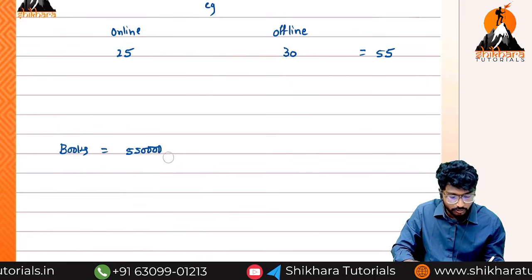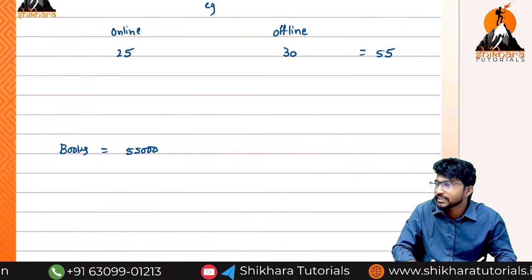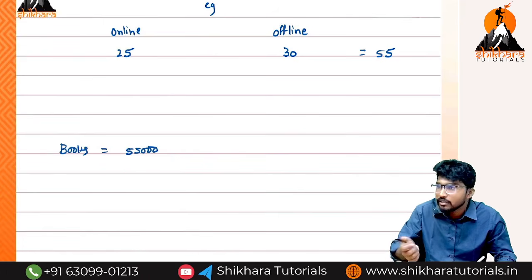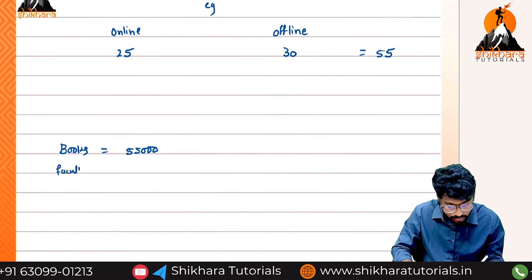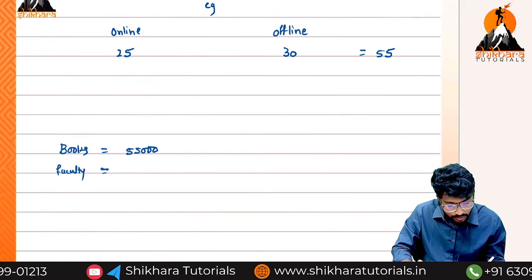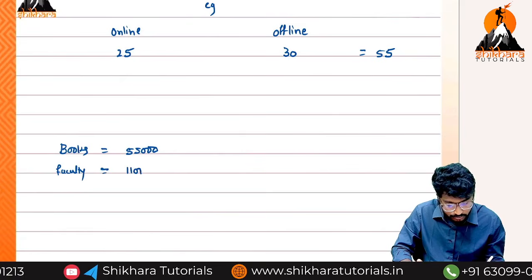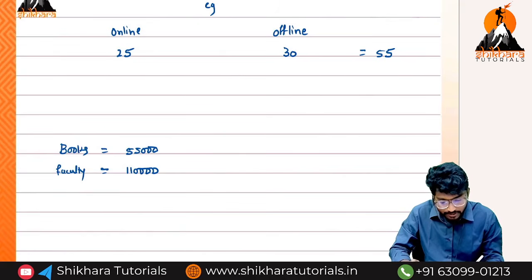Another direct expense is faculty cost. For faculty, we incurred another 1,10,000. These are direct expenses.